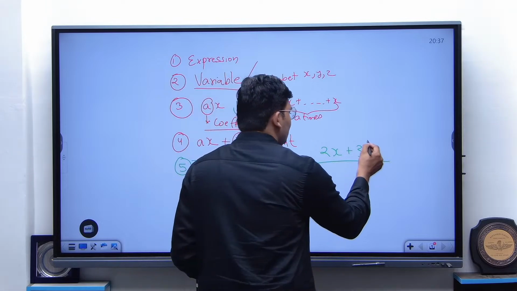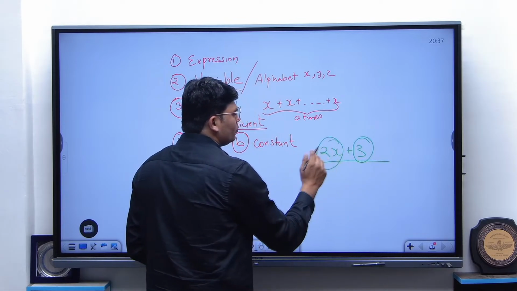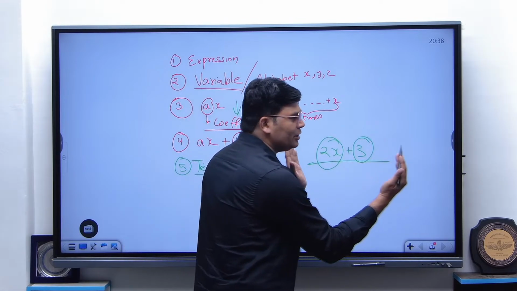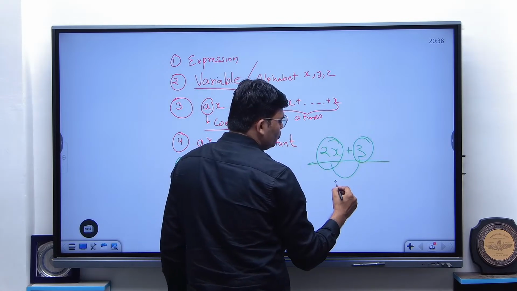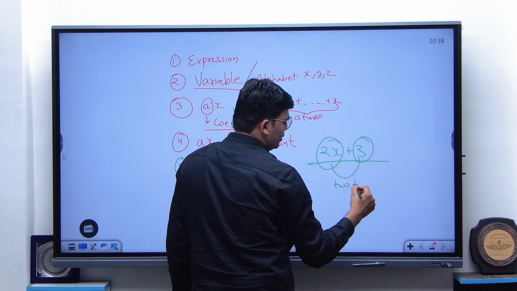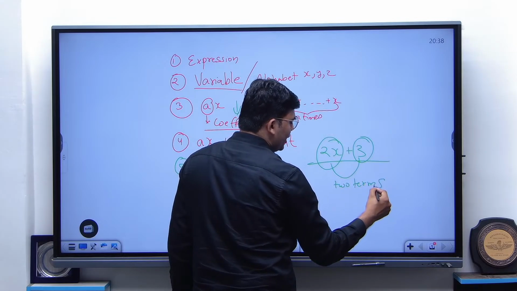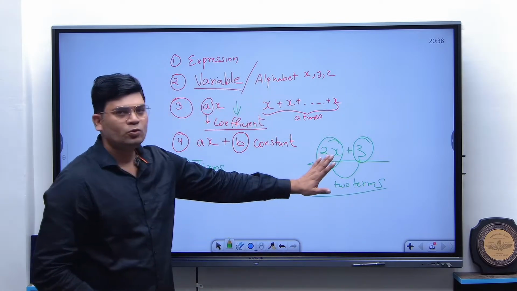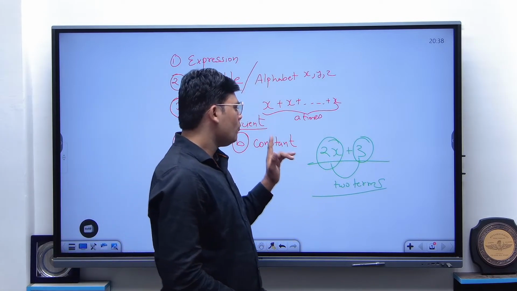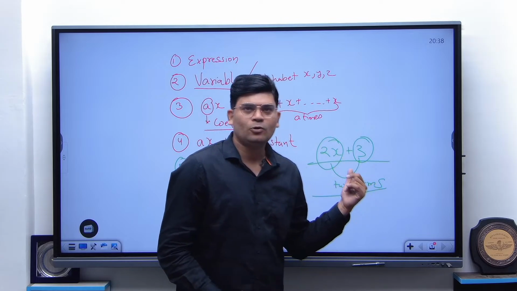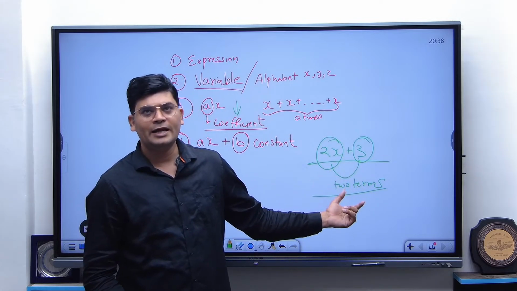Since 3 and 2 times a number are two different expressions added together, we will say that this expression has two terms. When I say terms, I'm talking about unlike terms.